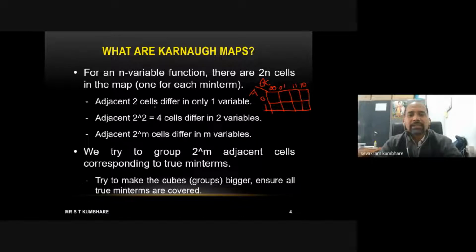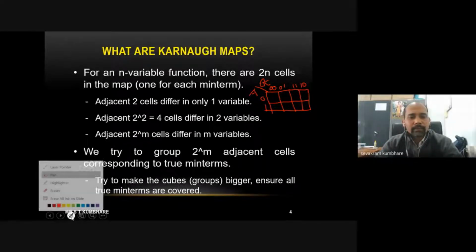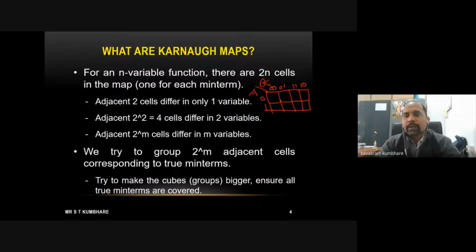It is saying adjacent two cells differ in only one variable. If I consider this and this cell, the B value is 0 and C value is 0 in one, and in the other B is 0 and C is 1. So in these two cells only one variable is changing, and that is C.